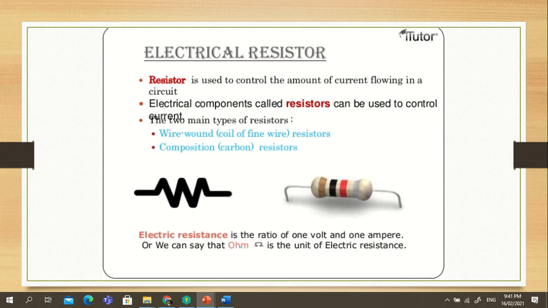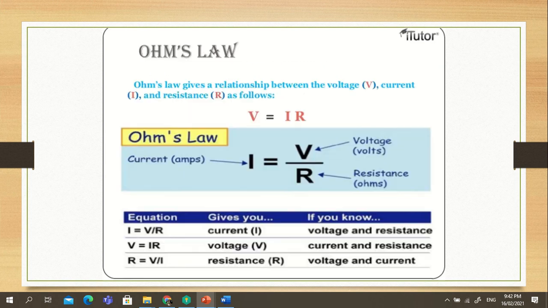So 1 ohm is equal to the ratio of the voltage 1 volt and 1 ampere. When you write ohm, instead of writing the word ohm, you can put the symbol omega, the Greek symbol omega.